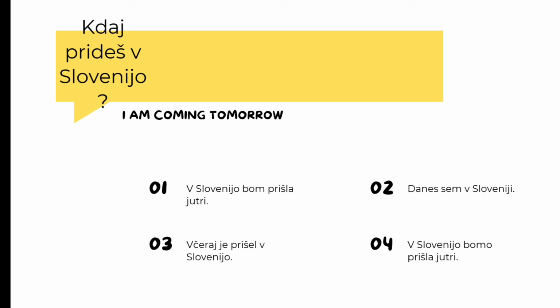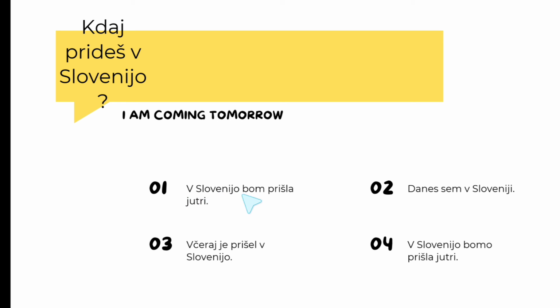And we have some more examples. For instance, we have a little conversation. Somebody sends you a text saying, "Kdaj prideš v Slovenijo?" which means when are you coming to Slovenia? And you want to answer, I'm coming tomorrow. How will you answer? Is it 1?